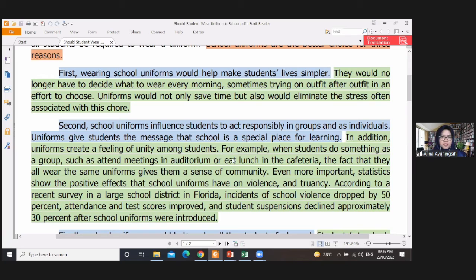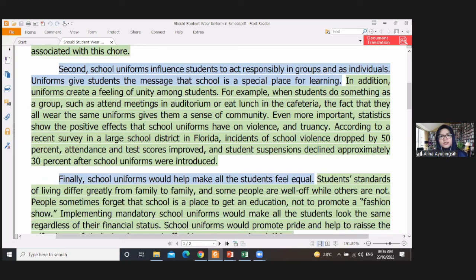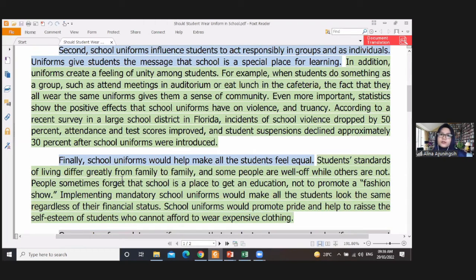That's fine. Just to make sure that your reader can understand or can accept your opinion easier. And the third one is this one. Finally, school uniforms would help make all the students feel equal. Student standards of living differ greatly from family to family, and some people are well off while others are not.